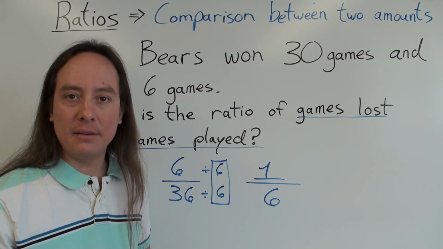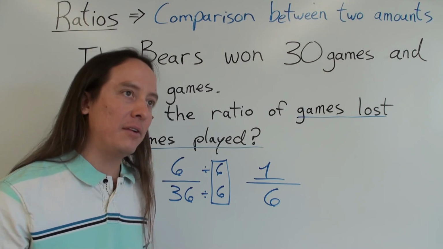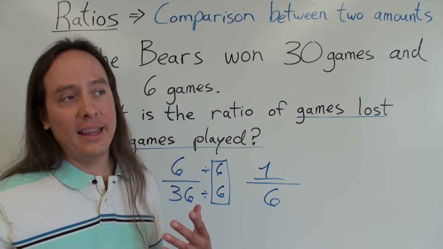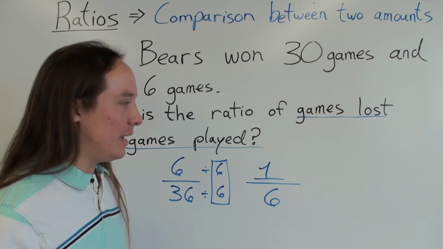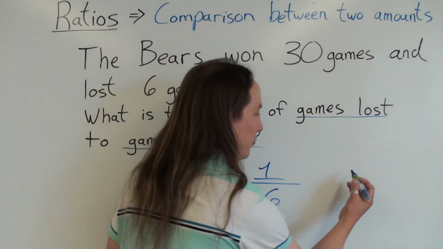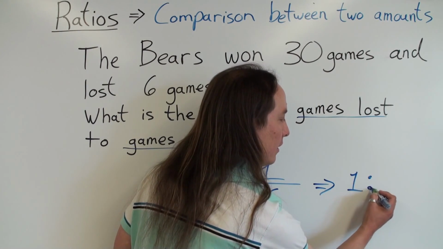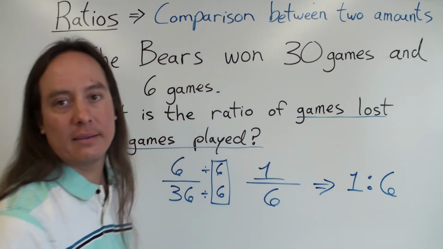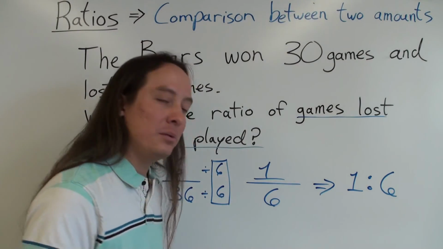So basically what this says is, for every 6 games they played, they lost 1. And just so I can put it in the other form with the colon, the 2 dots, it would look like this, 1 to 6. All right, so good luck.